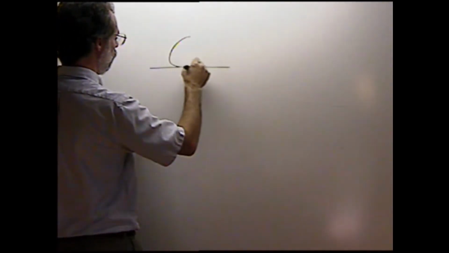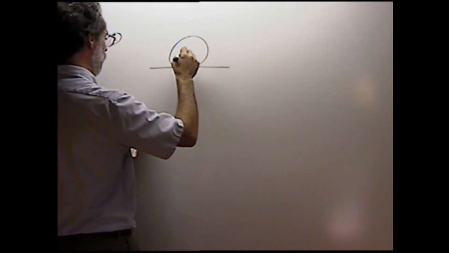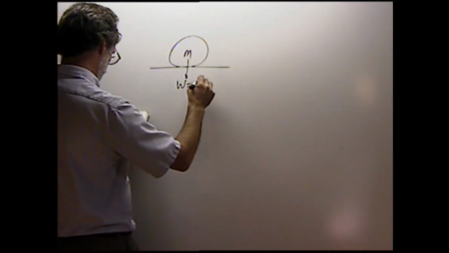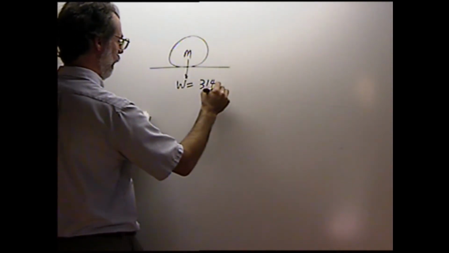Okay, question number 8. While driving down a country road, a man has to stop because a 314-pound rock has fallen on the hill and has landed in the middle of the road. And it gives a coefficient. Here's the rock. And we know what the weight is. The weight is given as 314 pounds.